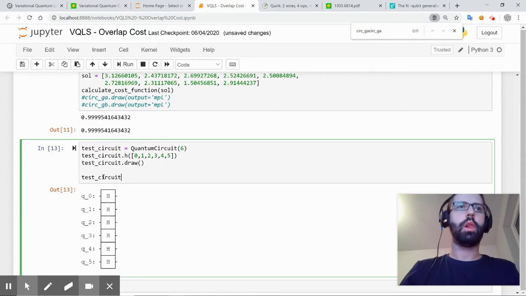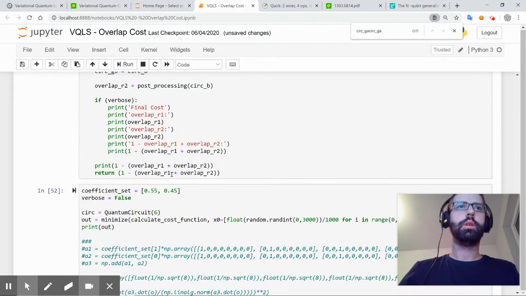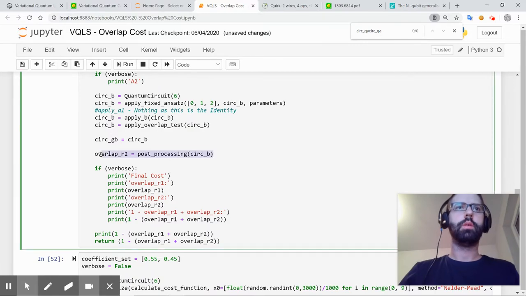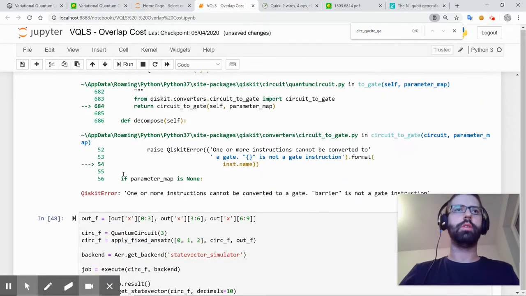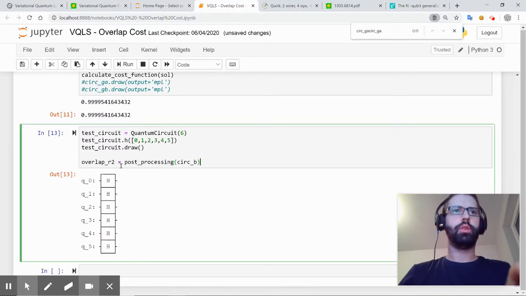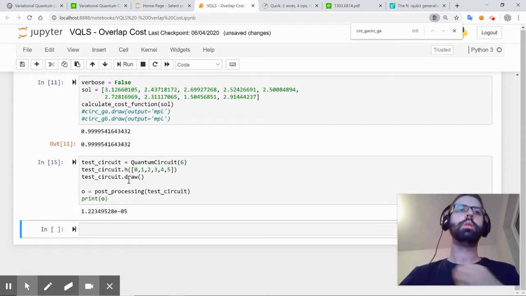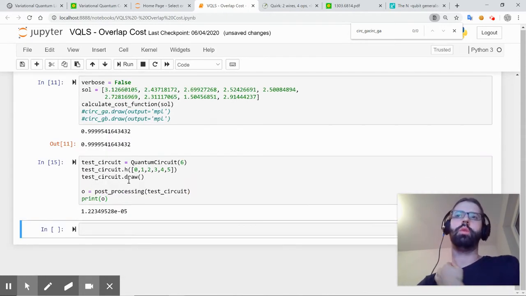I just want to get the overlap. So I just want to call post processing of the circuit, which should do the job for me to do the actual overlap test. So I'm going to treat overlap. It's a really small overlap.